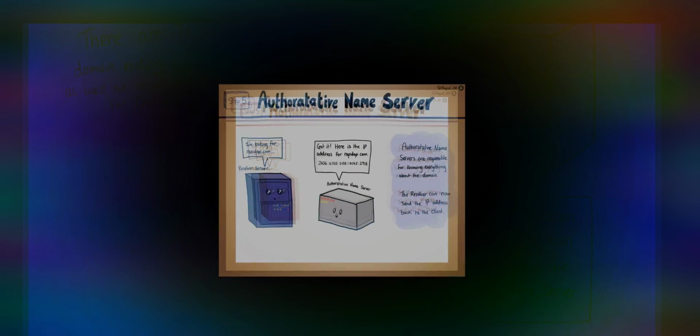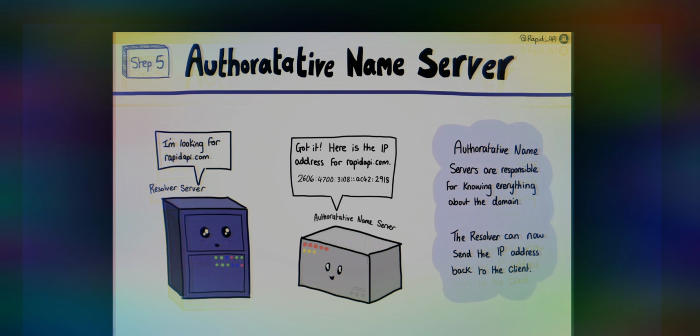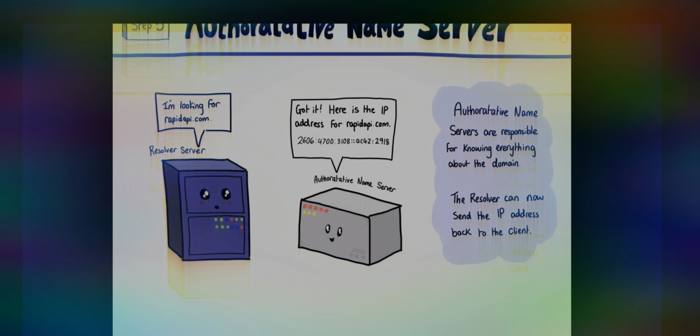Step 5, the authoritative name server. The resolver server says, I am looking for rapidapi.com. It says, got it, here is the IP address for rapidapi.com. This is the IPv6 IP address.